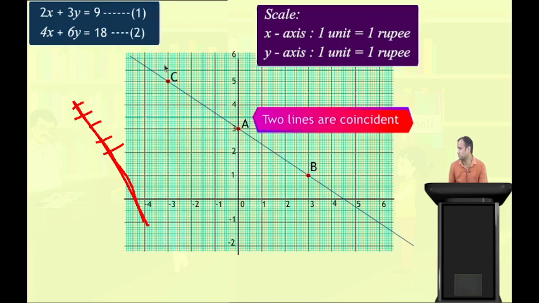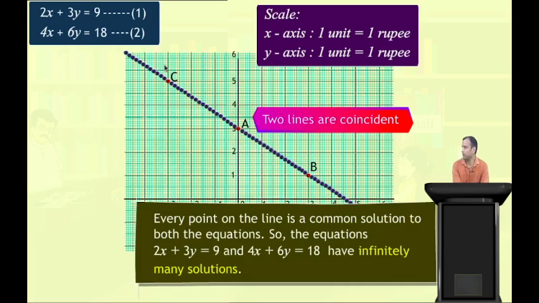So we have many points of intersection, or we can say that these equations have many solutions. So every point on the line is a common solution to both equations. So the equations 2x plus 3y equals 9 and 4x plus 6y equals 18 have infinitely many solutions. So how many solutions are there? There are infinitely many solutions.